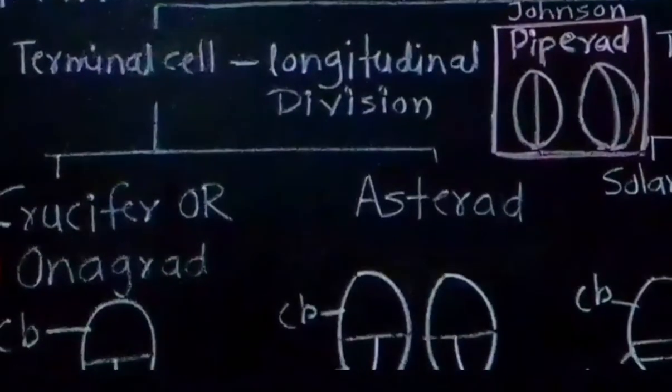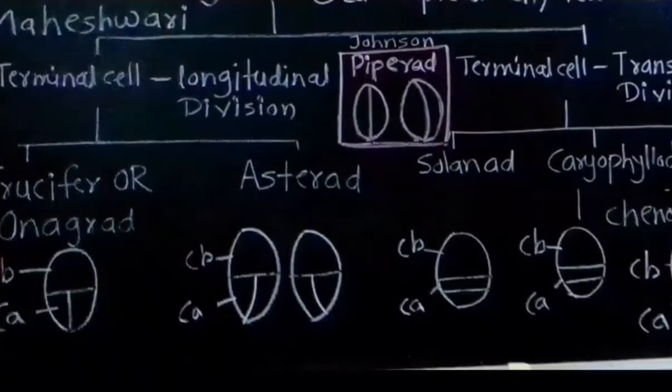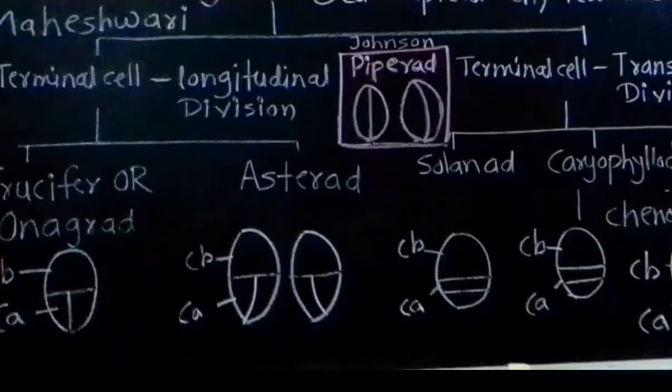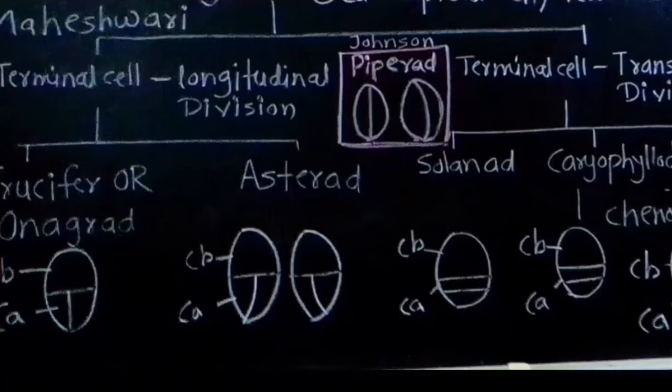So here you observe the terminal cell. When it divides by a longitudinal division, the first is the crucifer. You observe the CA, that means the apical cell or terminal cell, which is divided by the longitudinal wall.